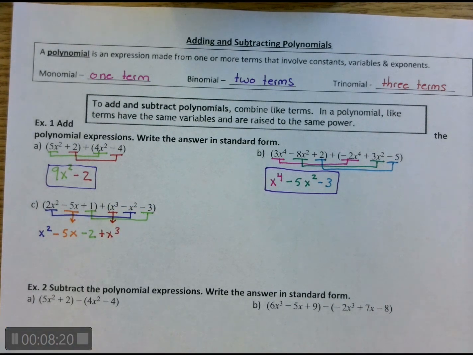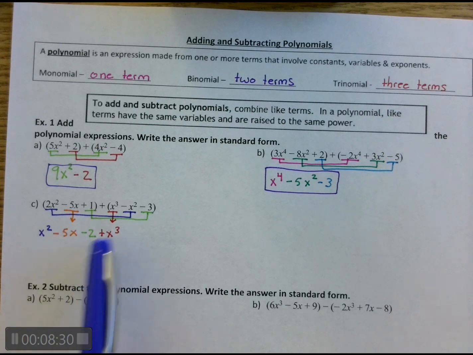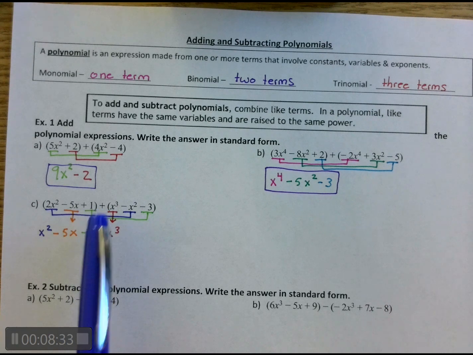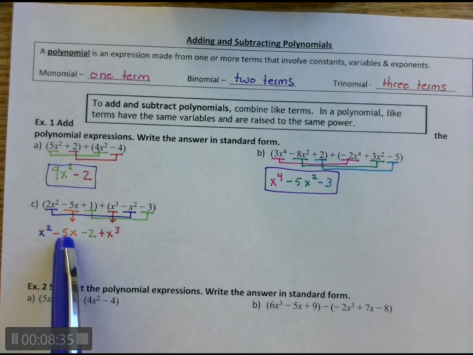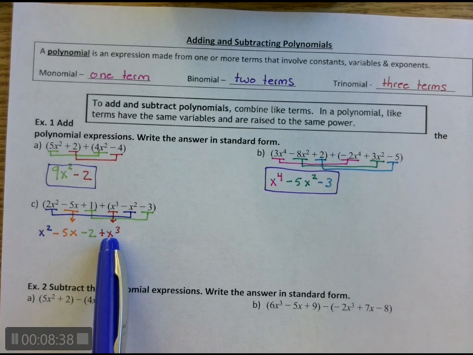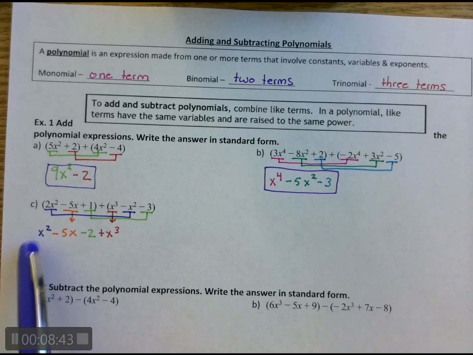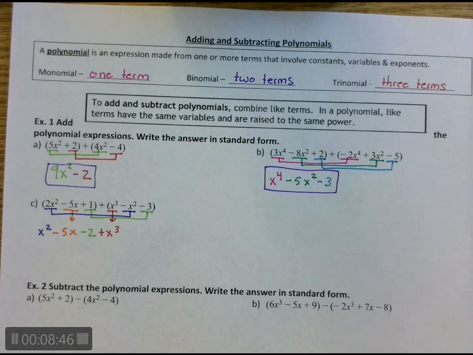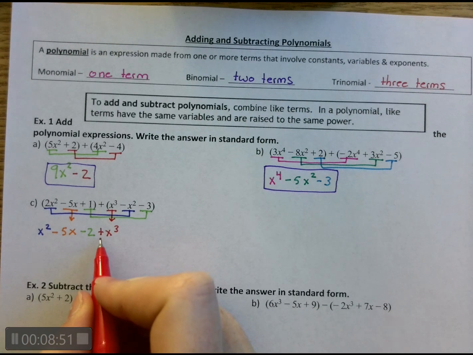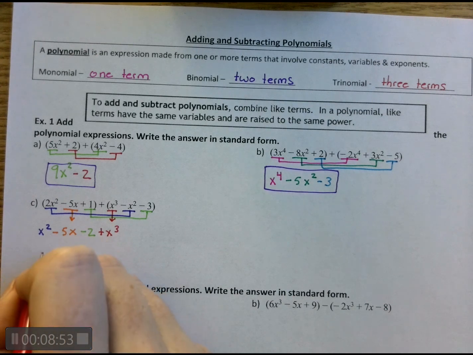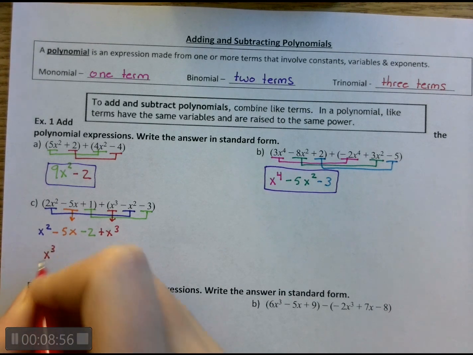Cool. Alright, so now we need to put it in standard form. Okay? Now this time we have simplified it as far as it can go. That was the purpose of doing all this. But if you notice, 2, 1, 0, 3. Well, this is your largest exponent, so it needs to be moved up front. Okay? So we just need to rearrange it while keeping all of the signs. So this is a positive x cubed. So I'm going to rewrite x cubed.